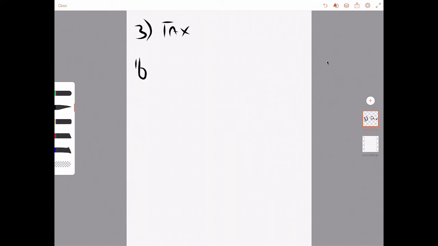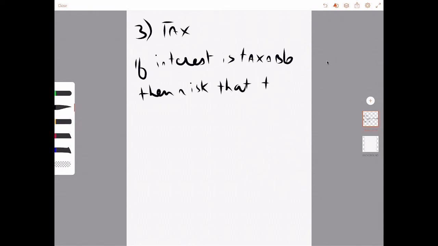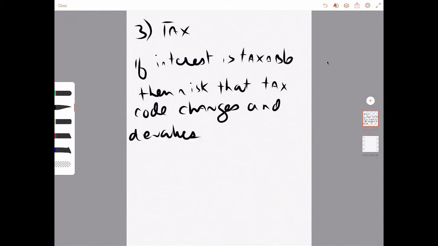So if your interest is taxable, and in most cases it is, there's a risk that taxes go up. There's a risk that the tax code can change. And if it changes, it devalues your interest income.